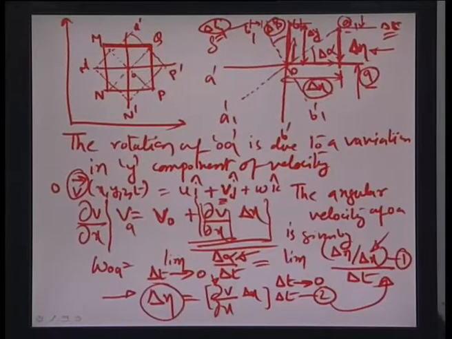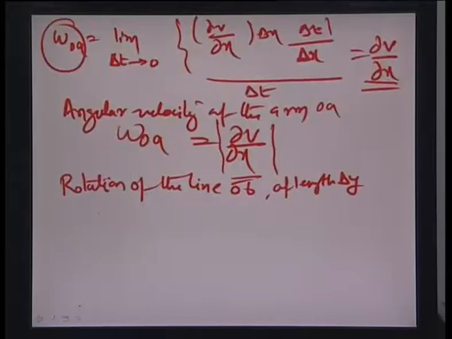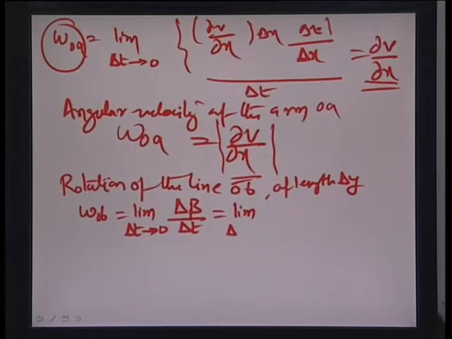So, there is a similar kind of relationship to describe omega OB, and you can write that as limit of delta t tends to 0 of delta beta by delta t. Okay. And this can further be expressed as limit of delta t tends to 0 of delta zeta by delta y by delta t.